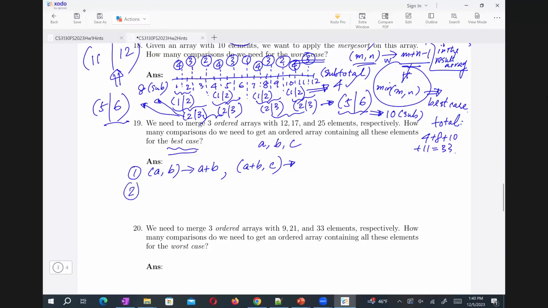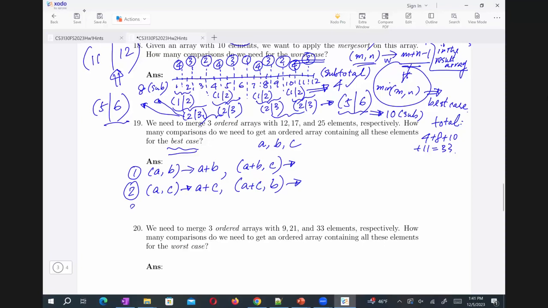Now the second method: we merge A and C first to get A plus C elements. Then we need to do another merge, A plus C with B. That's the second possible solution.